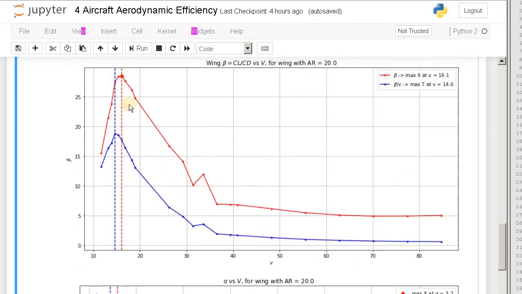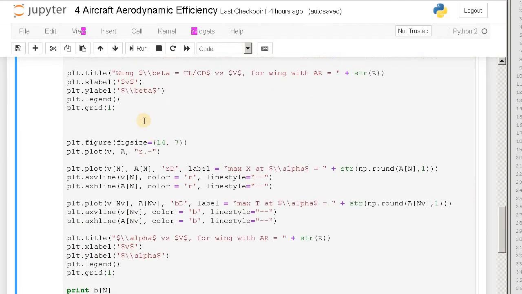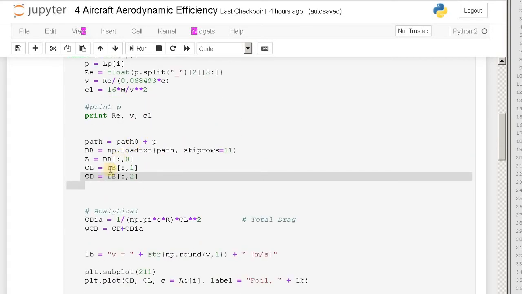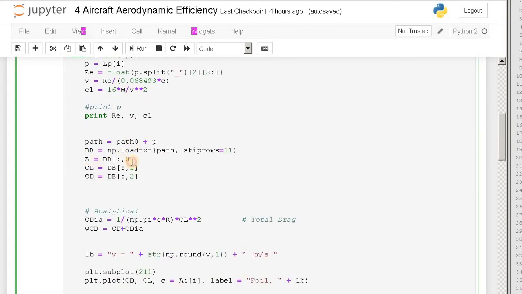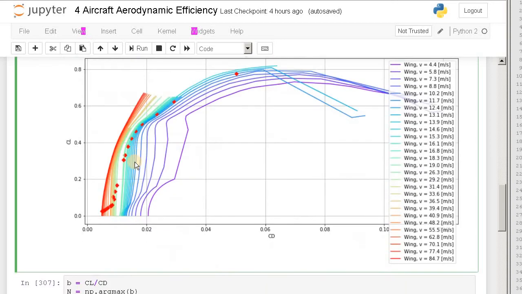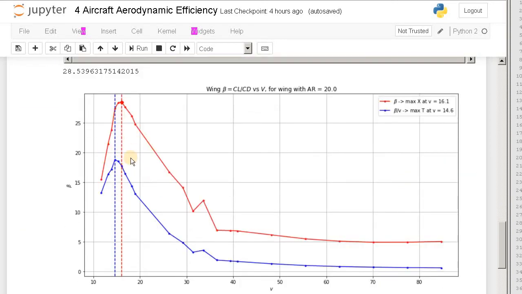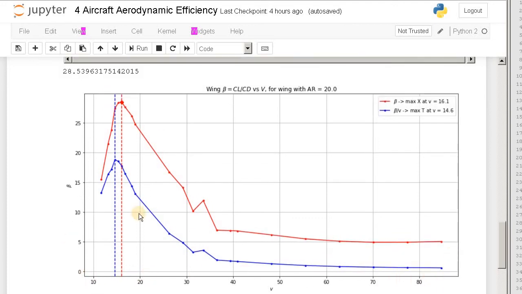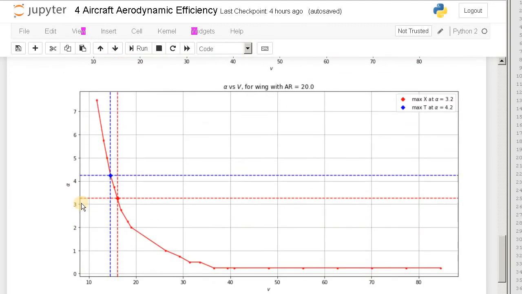Okay, so those curves are good, but from the database we have also extracted the angle of attack vector, so we can plot those curves over not speed but angle of attack. So we can have the speed axis, and instead of beta we're going to have alpha, angle of attack.